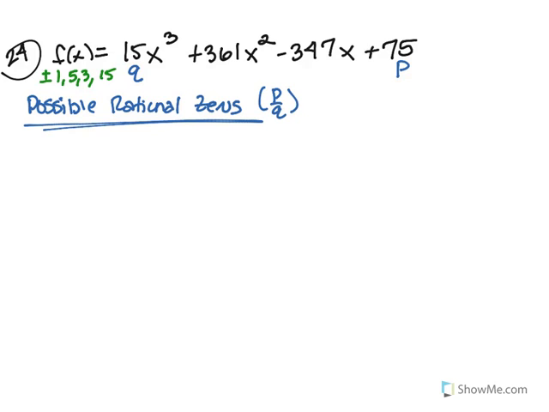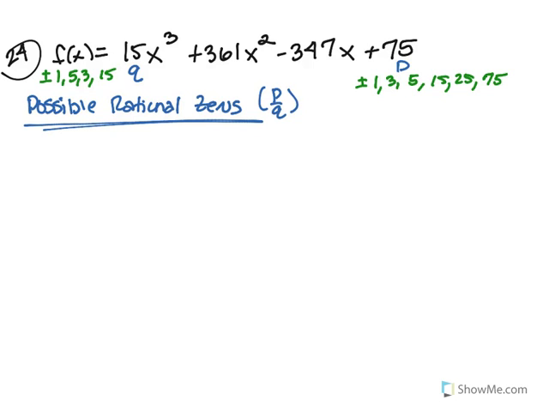And our P's would be positive, negative, 1, 3, 5, 15, 25, and 75. That's positive and negative. Okay?